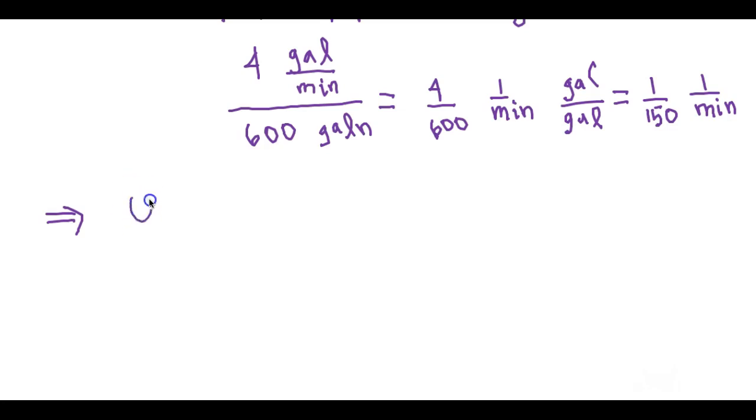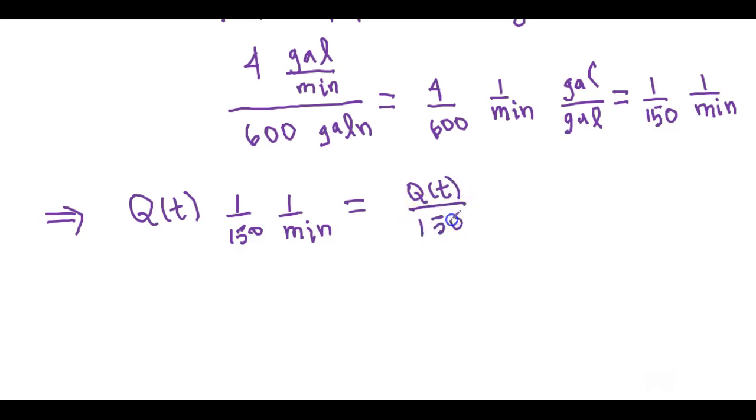So if there are Q of t pounds of salt at time t, when we multiply that quantity Q of t times this rate, 1 over 150 per minute, this is going to give us Q of t over 150, with units of pounds per minute.